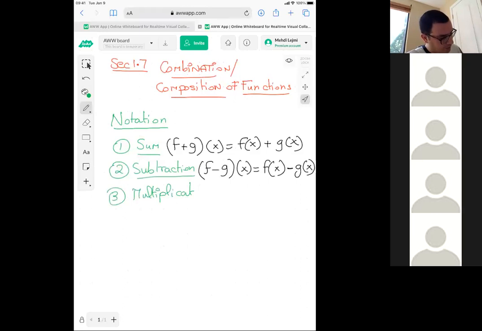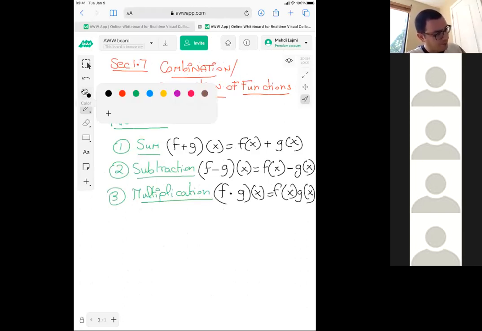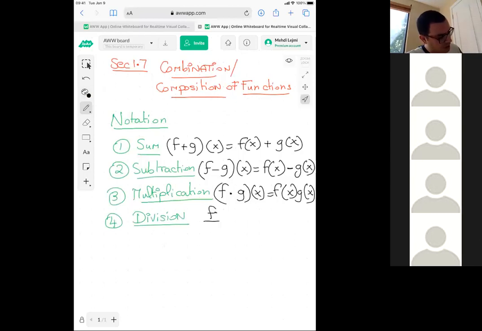Of course we use the dot for the multiplication, so it's like f dot g of x, and that will be f of x times g of x. And the last operation was division, operation number 4. We write f over g when we divide functions. So it's f over g of x, and that will be f of x over g of x, right?